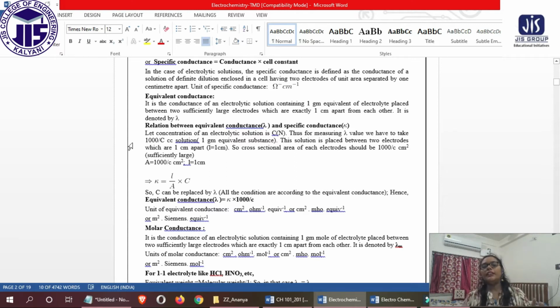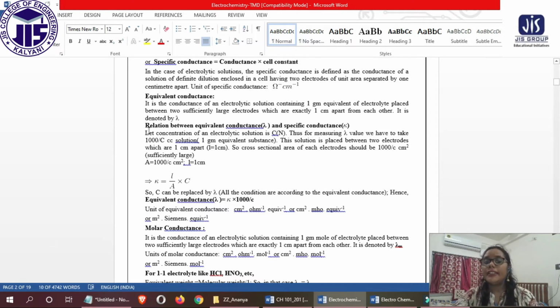In this case, the conductance is called the equivalent conductance, lambda.